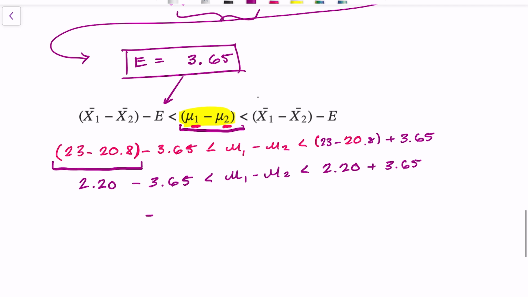So here we have 1.45, mu1, mu2, and on this side is going to be 5.85. So that is our confidence interval.